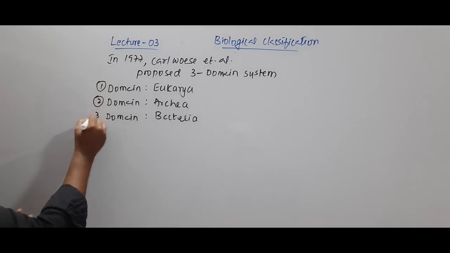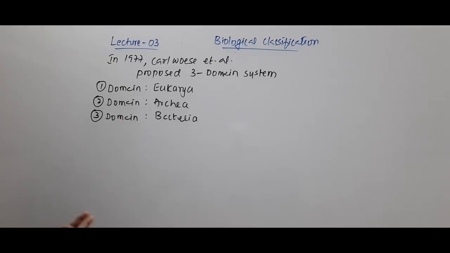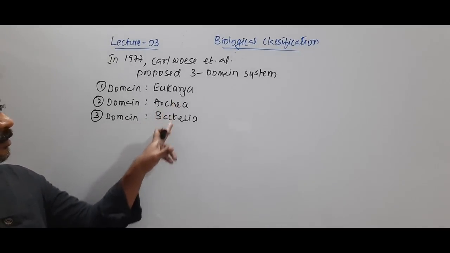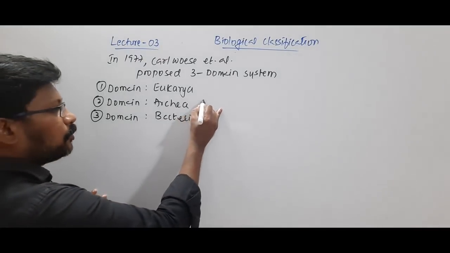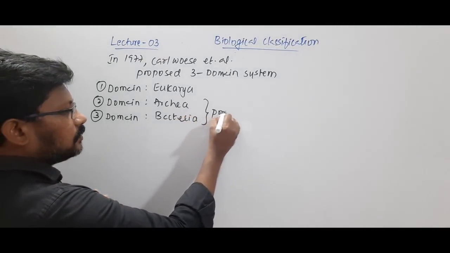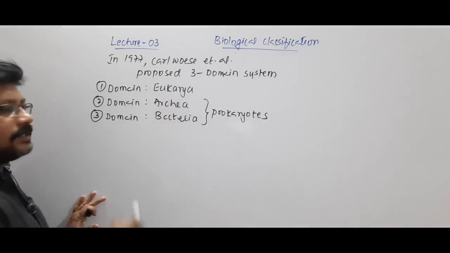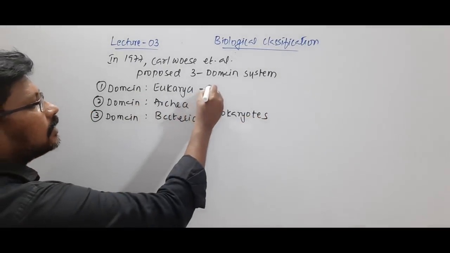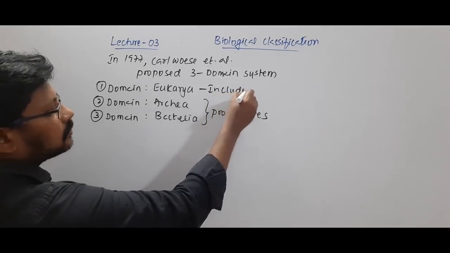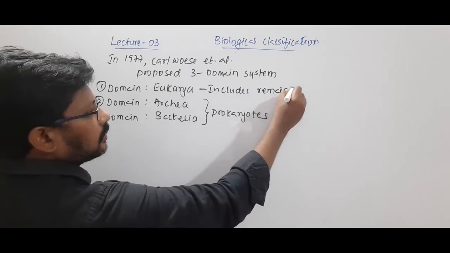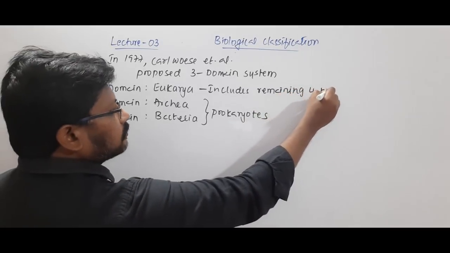So the kingdom Monera, they divided into two groups, and these two groups include prokaryotes, whereas this domain Eukarya includes the remaining four kingdoms.